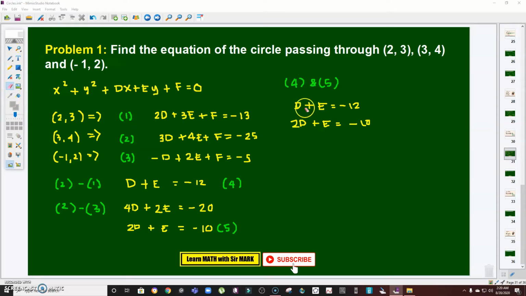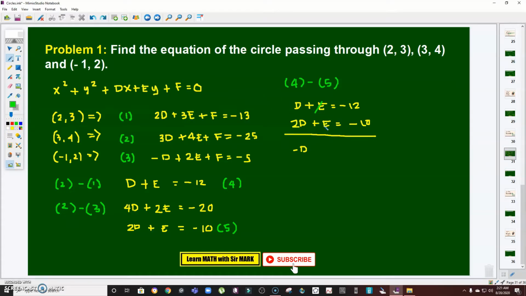So, to eliminate e, madali lang, so subtract ko yung equation 5 from equation 4. Okay, pwede naman. So subtract equation 5 from equation 4. So that is, d minus 2d, this one will become negative d. Alright? E minus e, of course, maka-cancel yan.